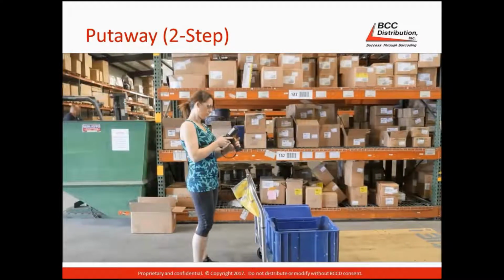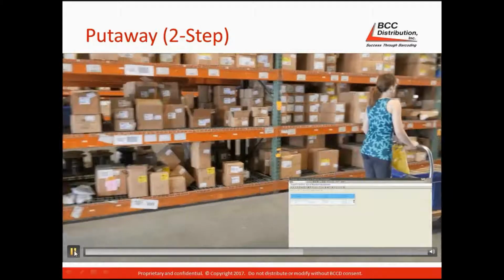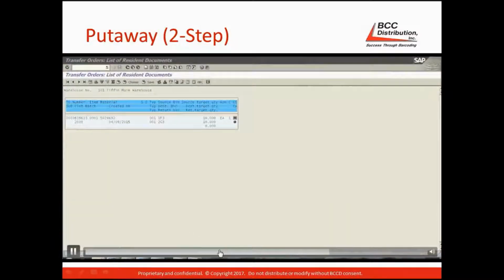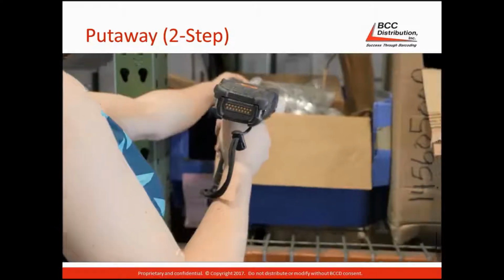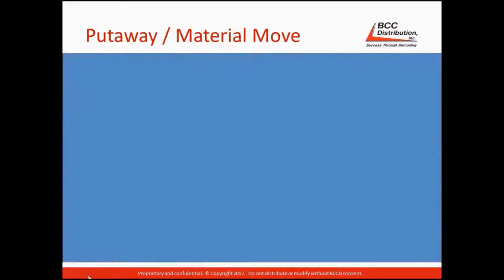So we can move it from bin to bin, or for IM, S-loc to S-loc, or storage location to storage location. And again, this is a demonstration in real life of not only moving the product, but showing on an SAP screen that it is moving in real time from one location to another.